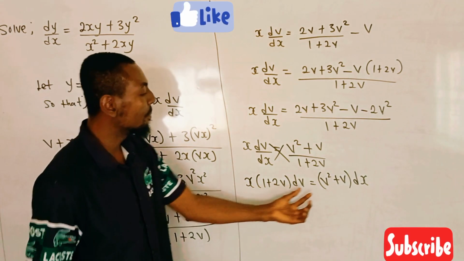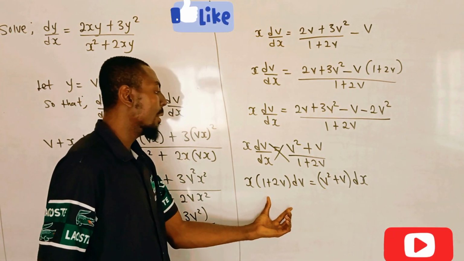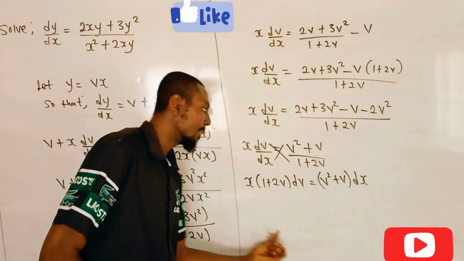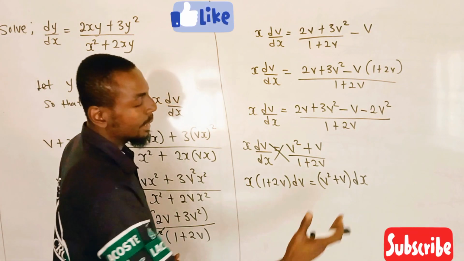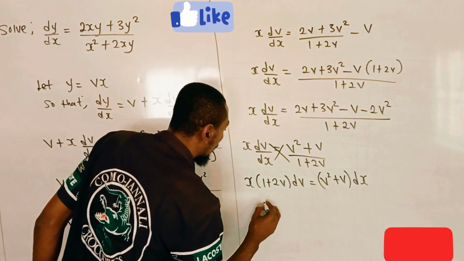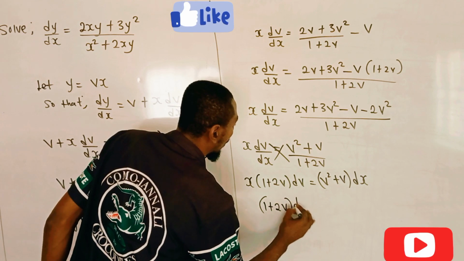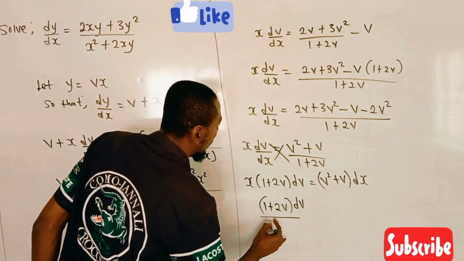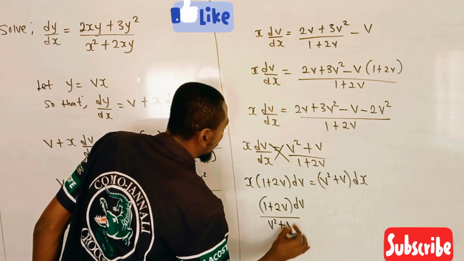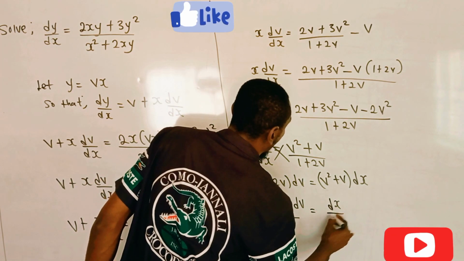So we're going to take v squared plus v, place it under here, then take x and take it under here, so that the x variable and the v variable are now separated, so that we have 1 plus 2v all dv divided by v squared plus v is equal to dx over x.